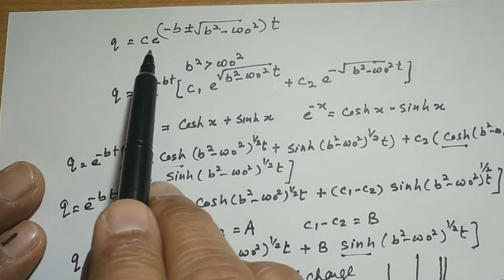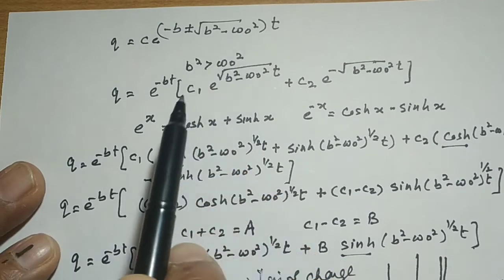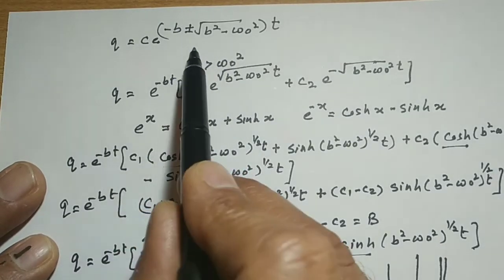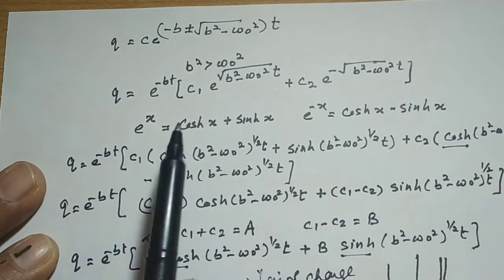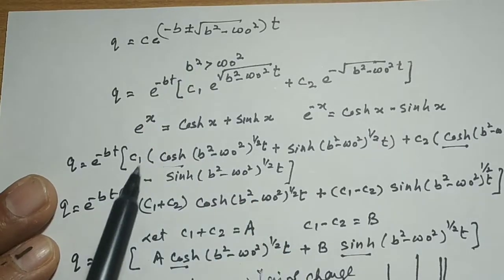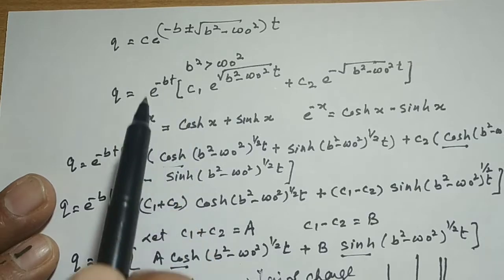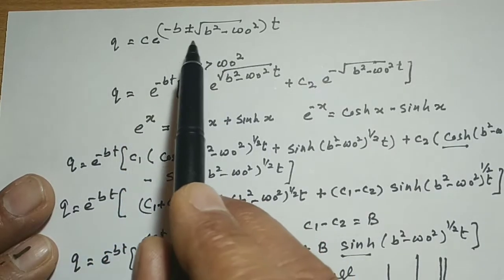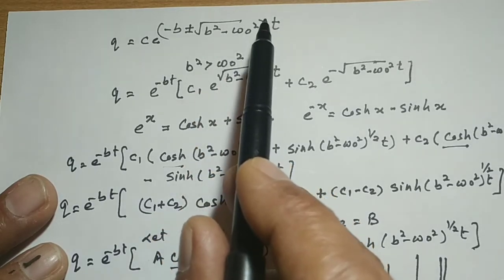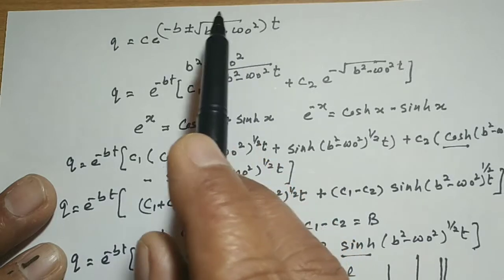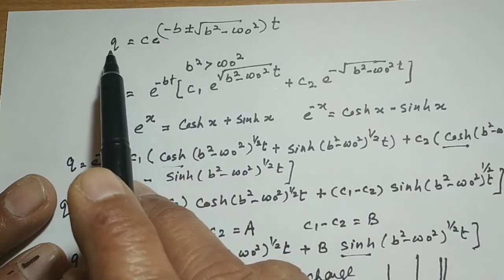Let us take the first case of this solution, in which b square is greater than omega naught square. In this case this factor will be positive, that means the square root term will be positive. We can rewrite this equation as e to the power of minus b t, which we take common. This is a solution of a linear differential equation, and the sum of all the partial solutions will also be a solution of that equation.